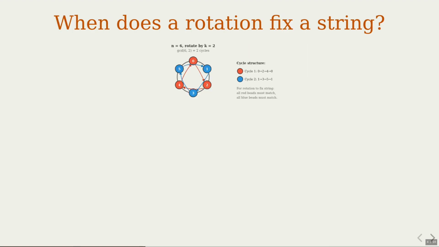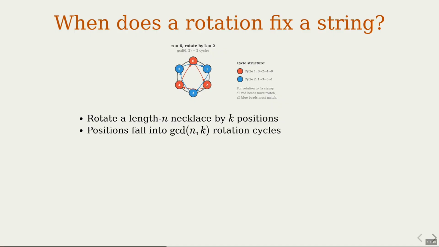A key ingredient in symmetry counting is to understand which objects are fixed by each symmetry move. We spin the necklace so every bead moves k steps along the circle, wrapping around at the end. If you follow where a single position moves under repeated k-step rotations, you eventually return. All positions split into identical cycles of this kind.